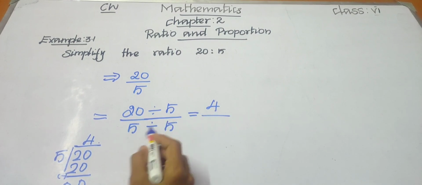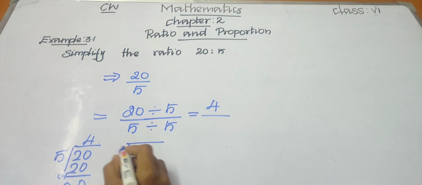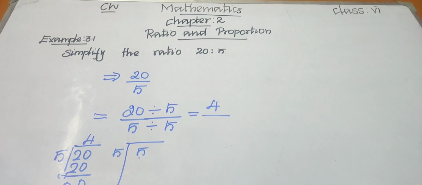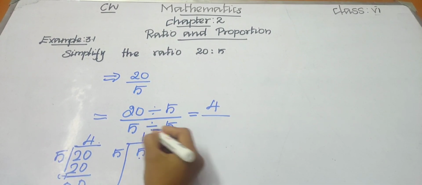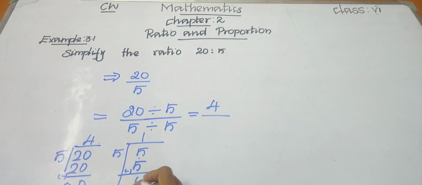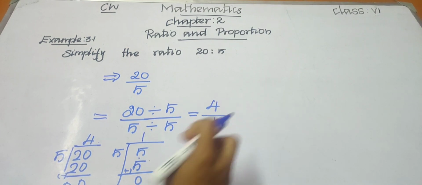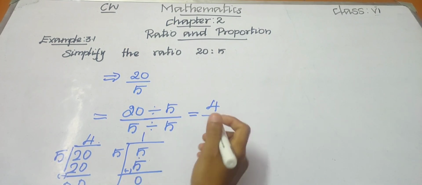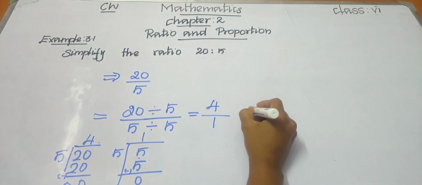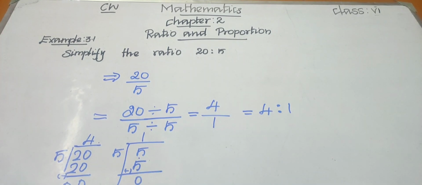Now 5 divided by 5: 1 5 is 5, so put 1 in the quotient. 5 minus 5 is 0. So the answer is 1. We got 4 is to 1 as the answer. Is it clear, children?